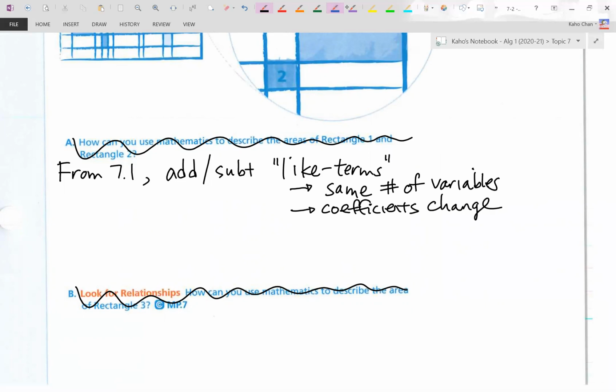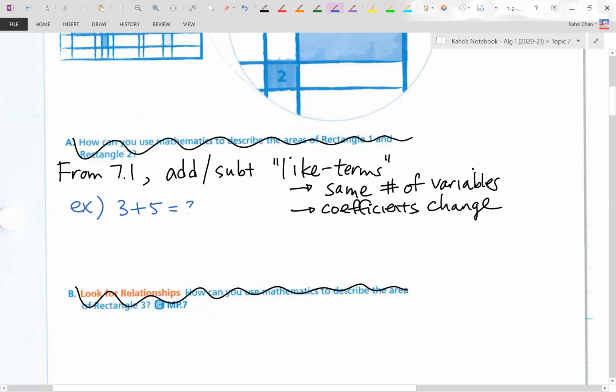We know from elementary school that 3 plus 5 is 8. We know that, of course. In terms of like terms, what if we have 3x plus 5x? Well, the number of variables are the x's.